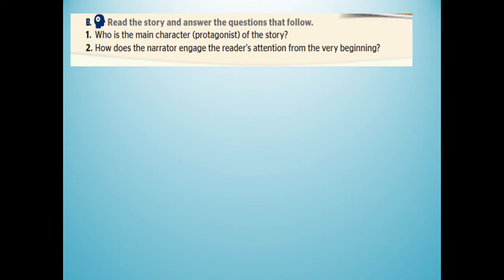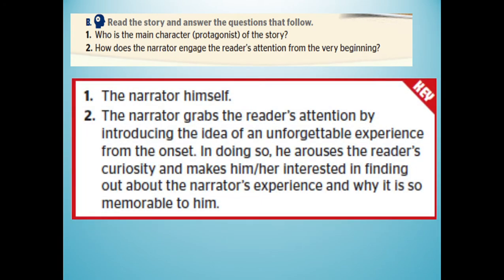Question 2, how does the narrator engage the reader's attention from the very beginning? Question 2 means the writer tries to use techniques. The narrator himself is the protagonist. So from which point of view is the story written? Of course, the first point of view.